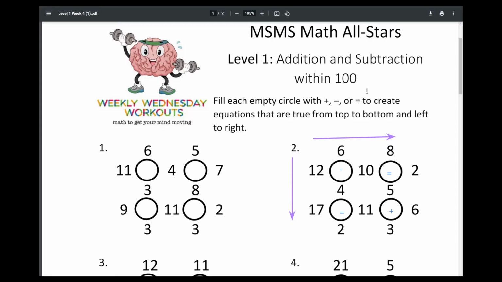That one true? Yeah. 6 minus 4 equals 2. We did that one, made sure that one was true. And 8 equals 5 plus 3. Is that one true? Thumbs up if it's true? Yeah, great job.